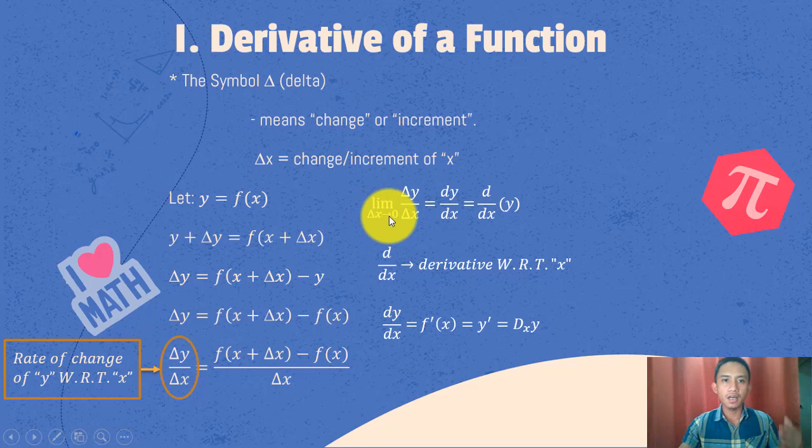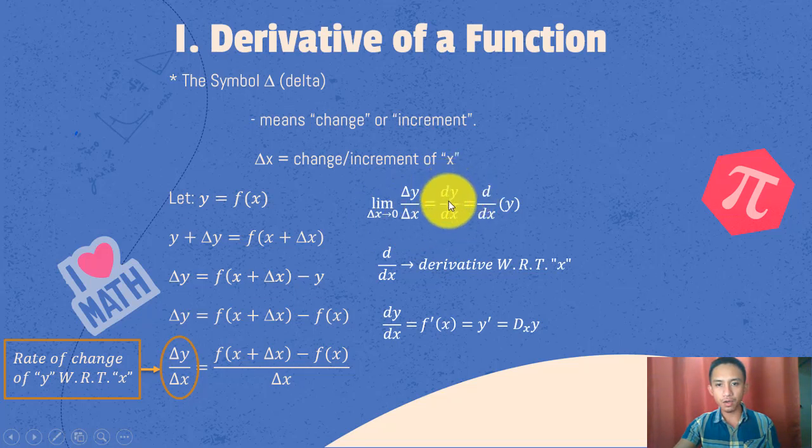It means I will be very, very close to 0, a very, very small number. So I will minimize the value of delta x. It means I will be considering only a very, very small change in x to the function of this rate of change. And what is the equivalent of that?